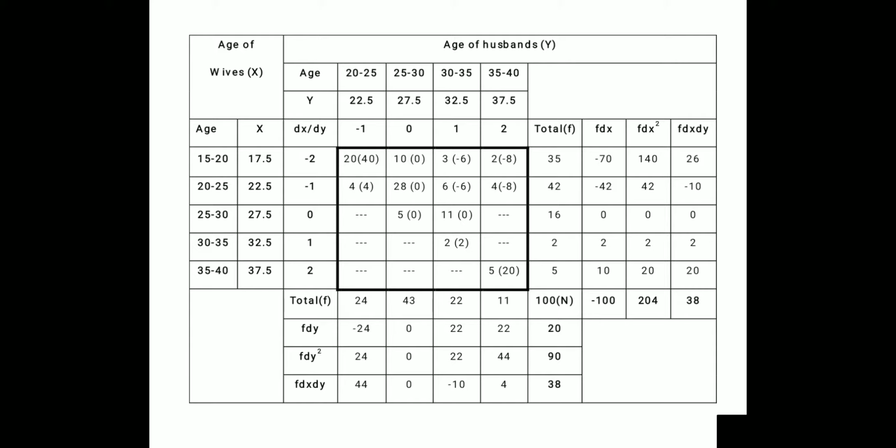That is, vertically total value of frequency will be 20 plus 10 plus 3 plus 2, that will give us 35, right. So horizontally we have to total the frequency values, and we will obtain the frequencies of x here. And vertically if we total, that is 20 plus 4, that is 24, 10 plus 28 plus 5, this will give us 43. So in this way, if we total it vertically, we will end up at frequencies of y.